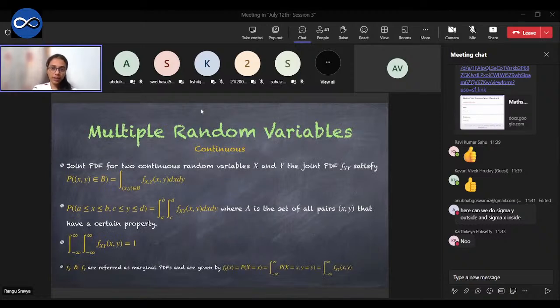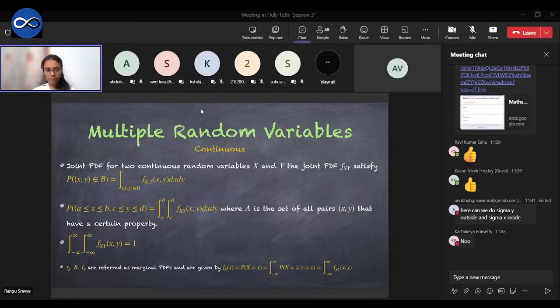Now let us look at multiple random variables for continuous ones. The joint PDF for two continuous random variables X and Y satisfies P((X, Y) belongs to B) equals the double integral over (x, y) belonging to B of f_XY(x, y) dx dy. Generally, if we have only one random variable, to find the probability that it belongs to some interval, we integrate the given PDF over that interval.